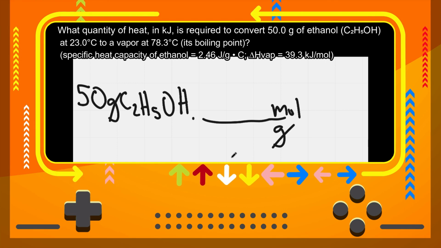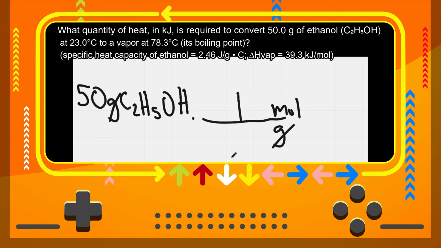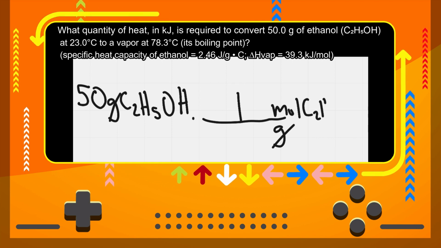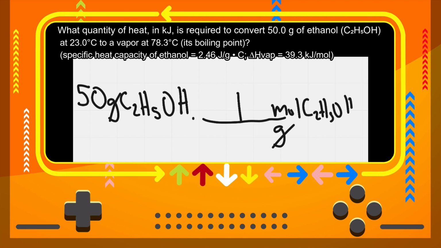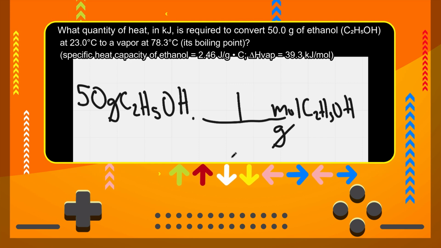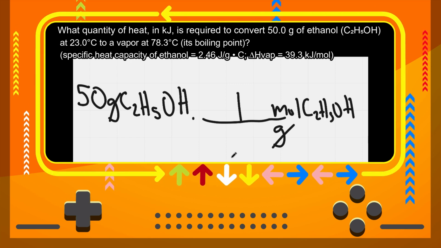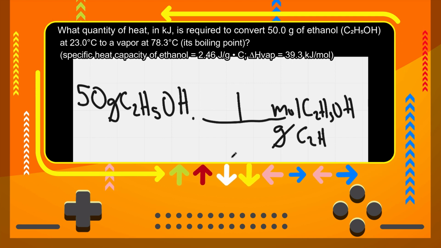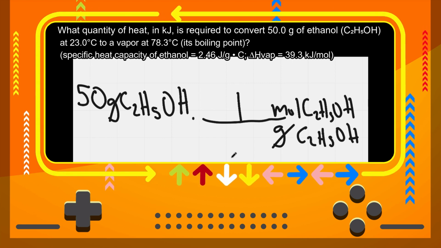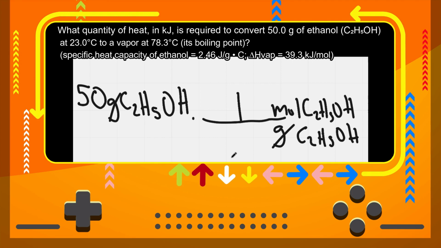In this case, that 1 mole is 1 mole of C2H5OH, that's my whole unit, and the grams are the grams of the C2H5OH, ethanol.